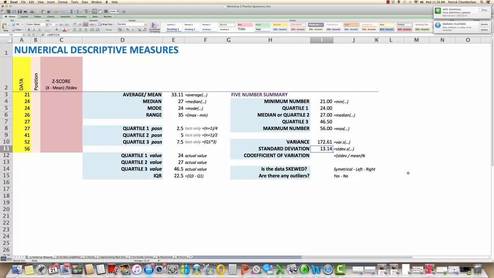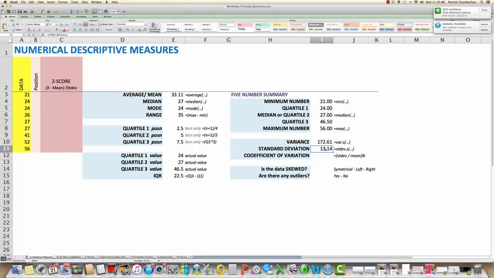Or alternatively, you can use the formula STDEV.S, the one with the S for sample, double click and highlight the data set in yellow and enter, and you'll notice you get the same value. So you can either do the square root of the variance, or you can use STDEV.S for sample as opposed to .P for population data.